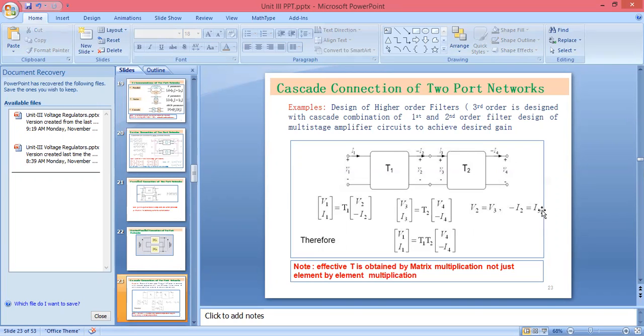So we can calculate the value for the transmission by using matrix multiplication. We can do this matrix multiplication and you will get the equations for the transmission.